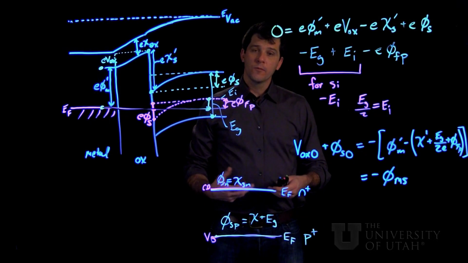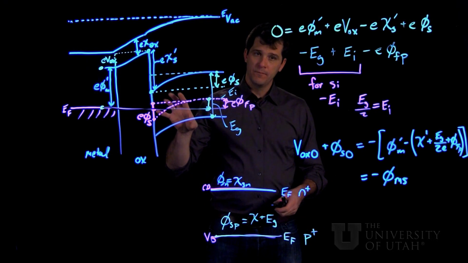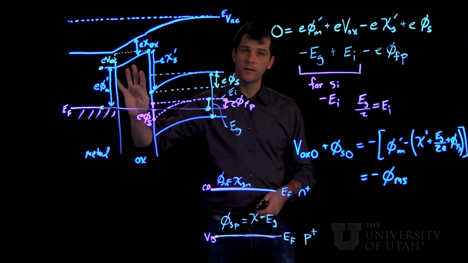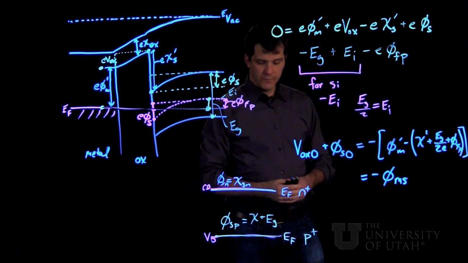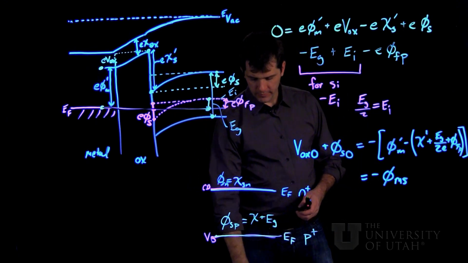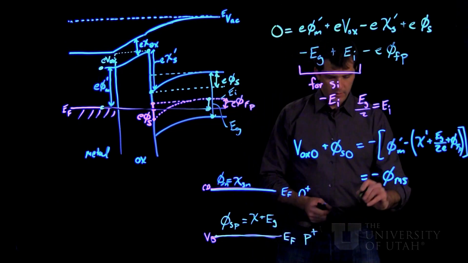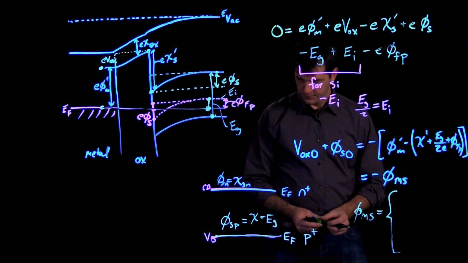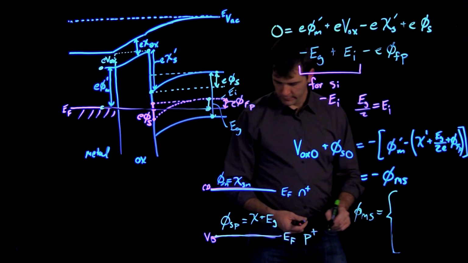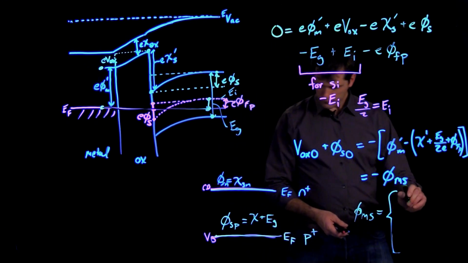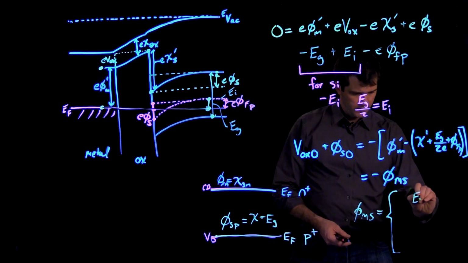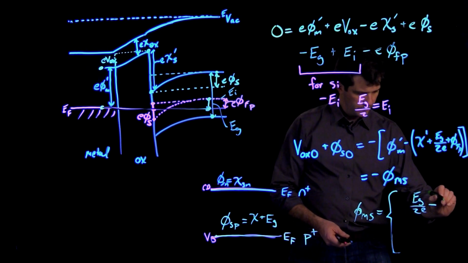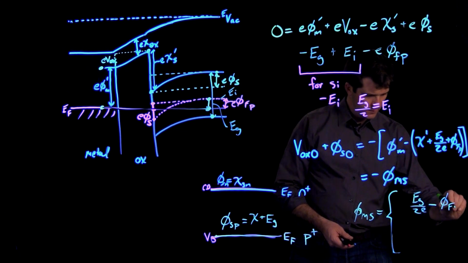So in these two cases where we have a p-type substrate and we can put either a P+ or N+ polysilicon gate material, the metal semiconductor work function difference reduces to pretty simple forms. We're going to have two cases if we use P+ or N+. So for the P+ case, we have that this is equal to E gap over 2 minus phi FP.